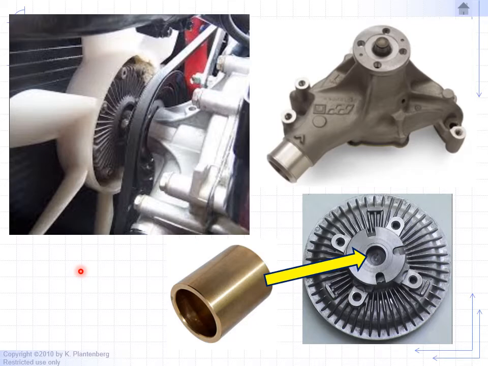And when you mass produce a water pump, fan clutch, or any part, you need to give the manufacturer some wiggle room as to how far off they can be. Simple example, this simple bronze, or it can be copper, bushing. If you ask the manufacturer that you need this outer diameter to be 1 inch, for example, you have to give them some wiggle room as to how far off they can be.